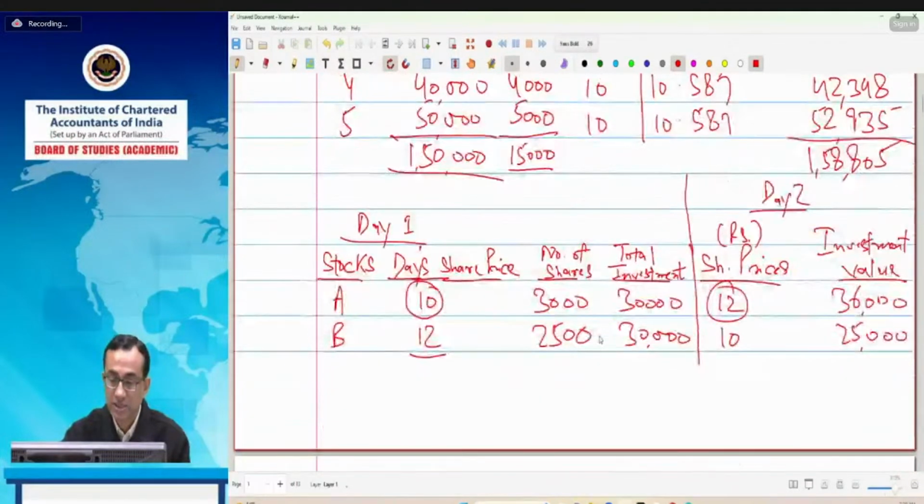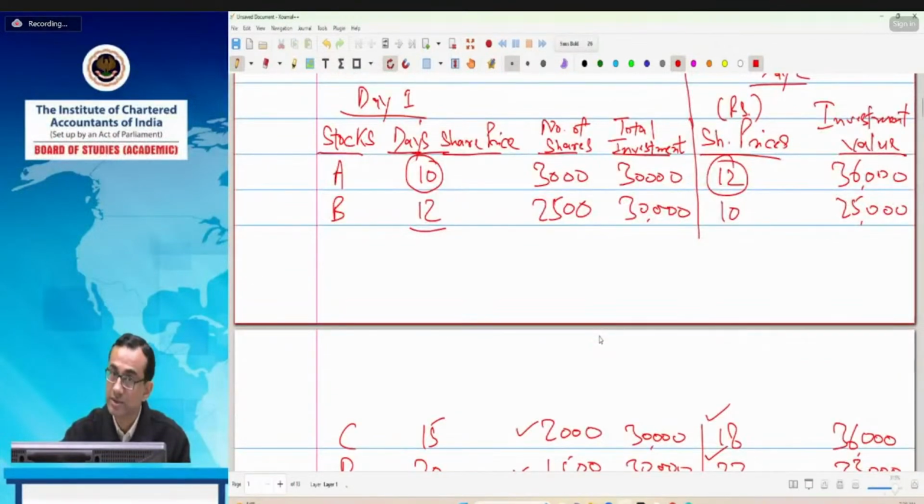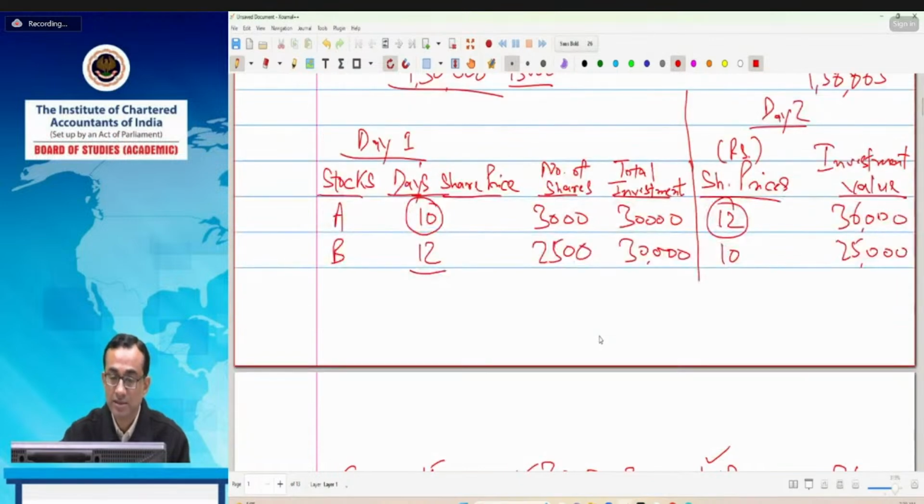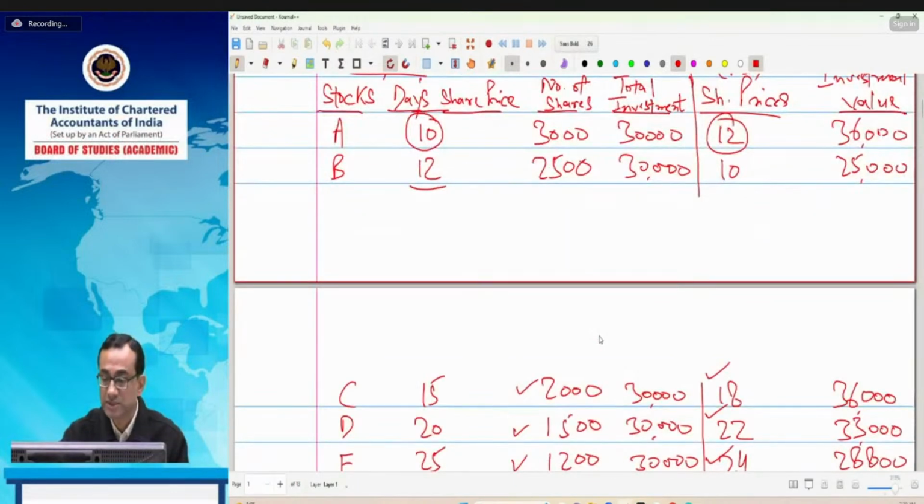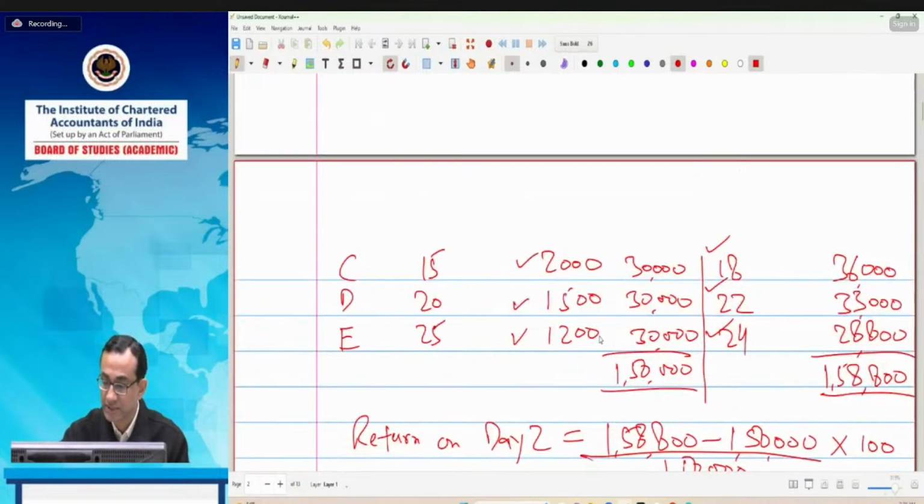Then this 1,50,000 is invested in the stock of five companies, A, B, C, D, E. Share prices on day one are given. We multiply the share prices with the number of shares, and we get the investment value, which is 1,50,000.